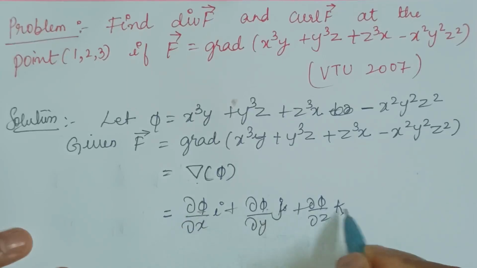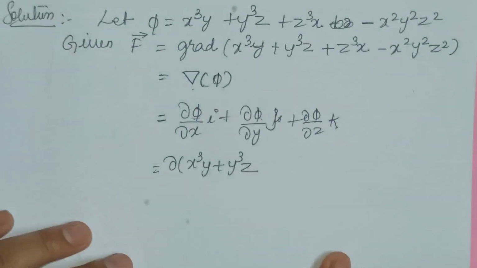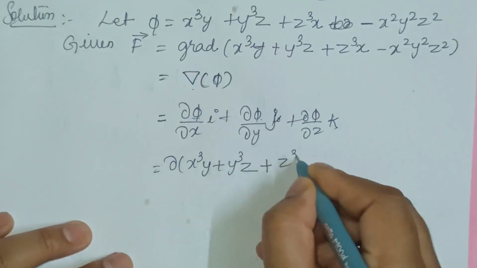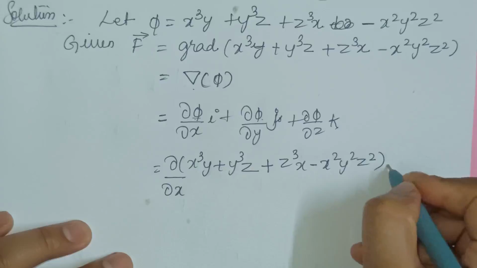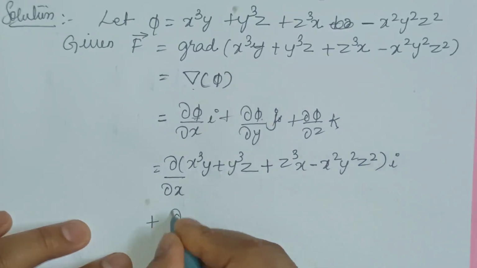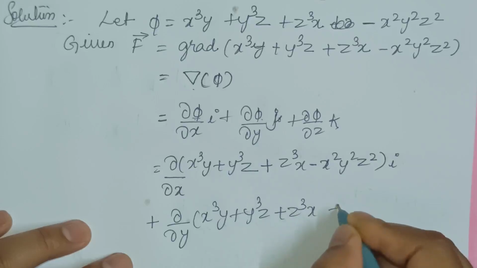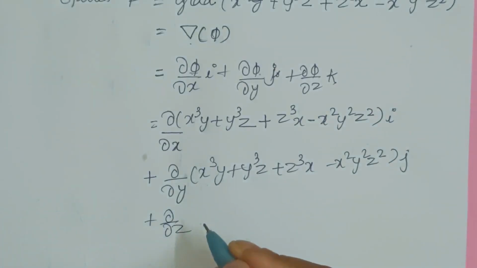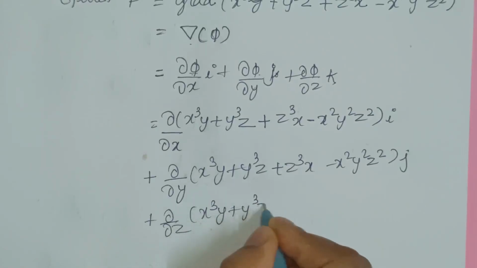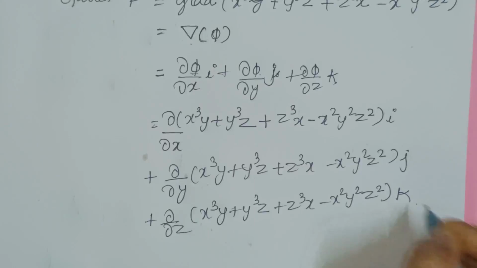I'm just going to substitute the phi value here. So this is going to be dou by dou x of x cube y plus y cube z plus z cube x minus x square y square z square into unit vector i, plus dou by dou y of the same expression into j, plus dou by dou z of the same expression into k.